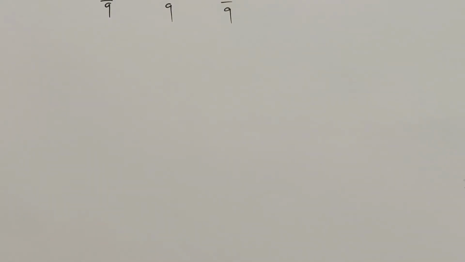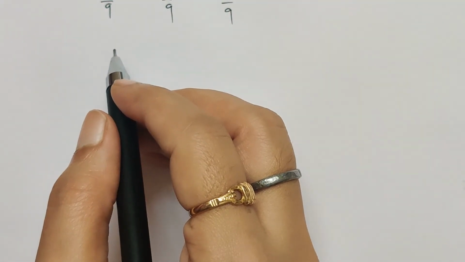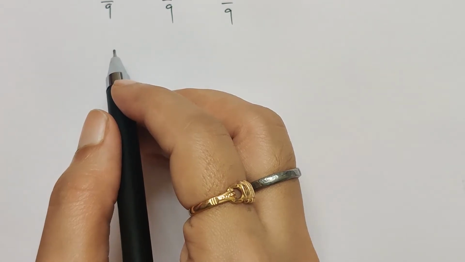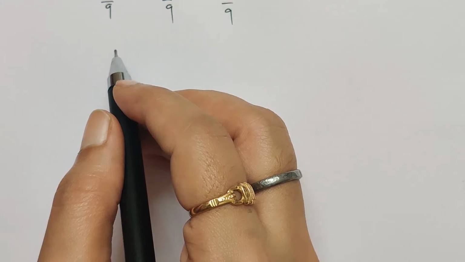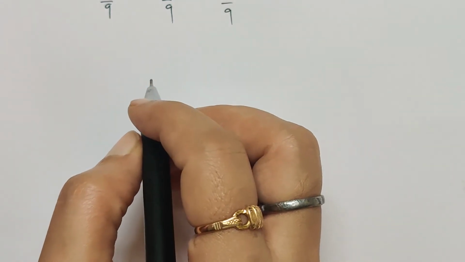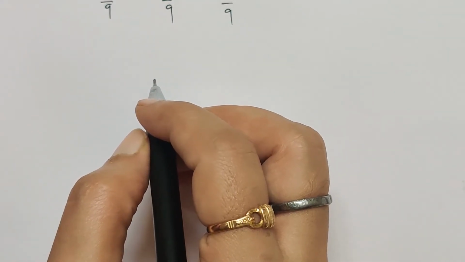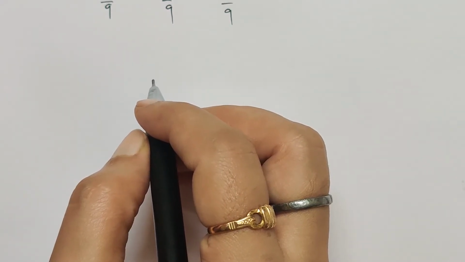Now if I talk about any regular polygon, will they be similar? For that also the condition is the same. Two polygons having the same number of sides are similar if their corresponding angles are equal and the ratio of their corresponding sides is the same.